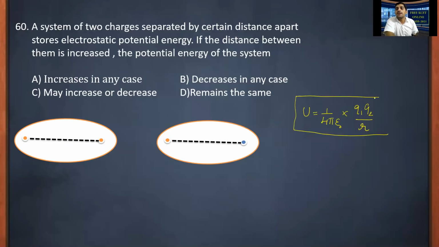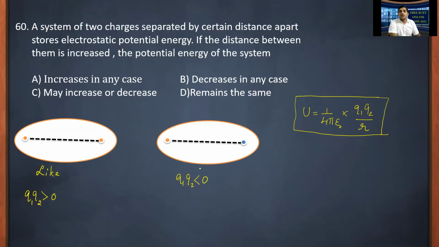Now the condition is, if they are like charges, the product of Q1 and Q2 will always be greater than 0. If they are unlike charges, that is one is plus and one is minus, then the product Q1 Q2 always comes to be less than 0. That comes to negative. Okay.